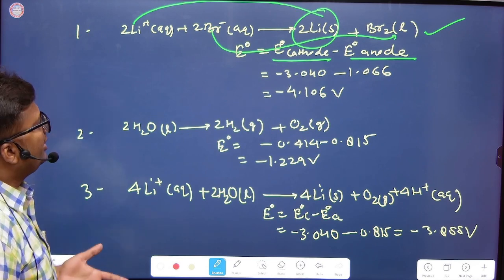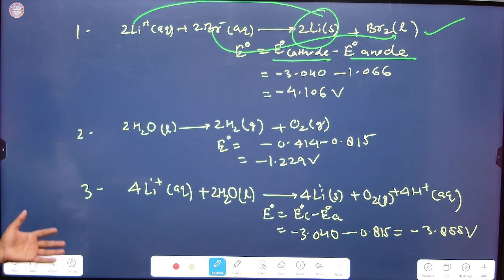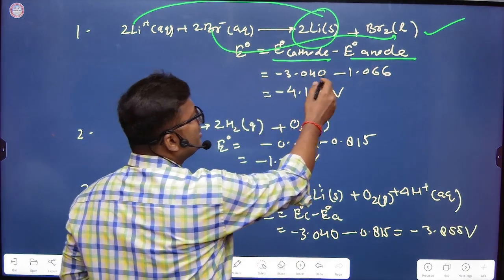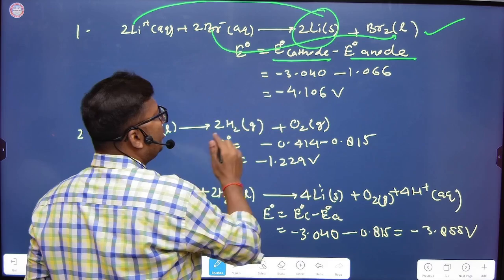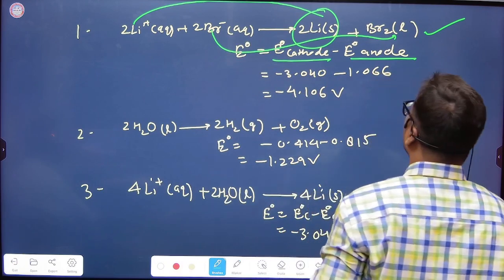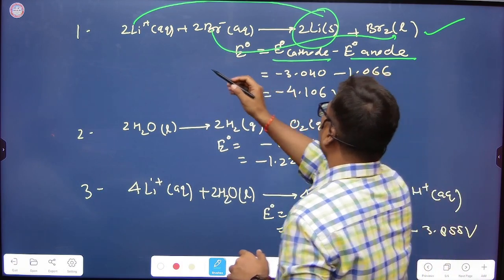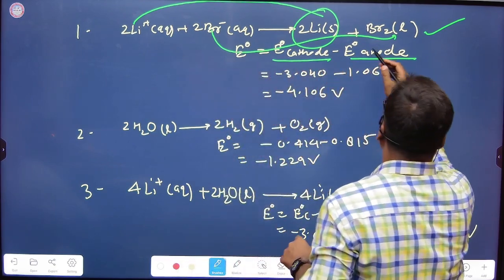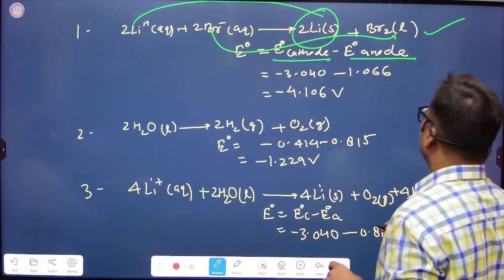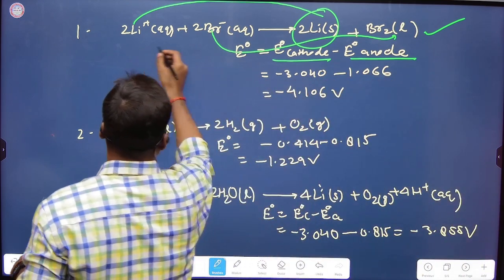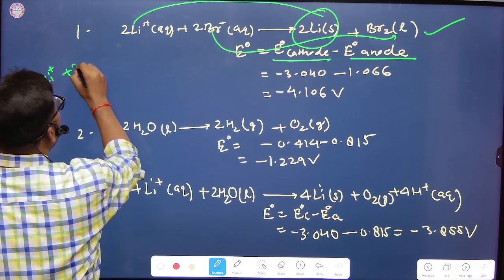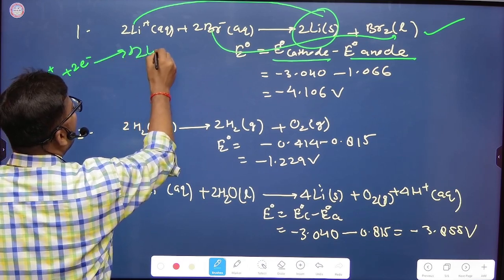So for the complete electrolytic cell, the resultant EMF or cell potential will be equal to E0 cathode minus E0 anode. In the previous page, the value given for E0 cathode, where reduction takes place, means 2 Li+ is converted back into 2 lithium solid. So this is a reduction reaction. So the standard reduction reaction is 2 Li+ plus 2 electrons giving 2 Li solid, right?